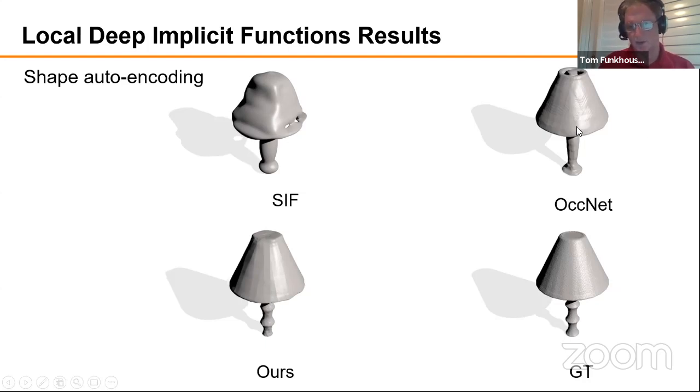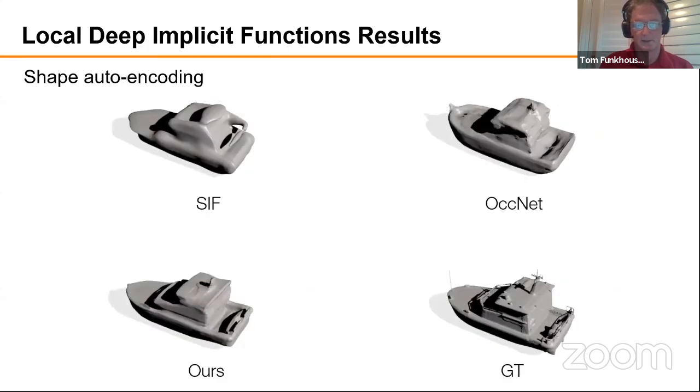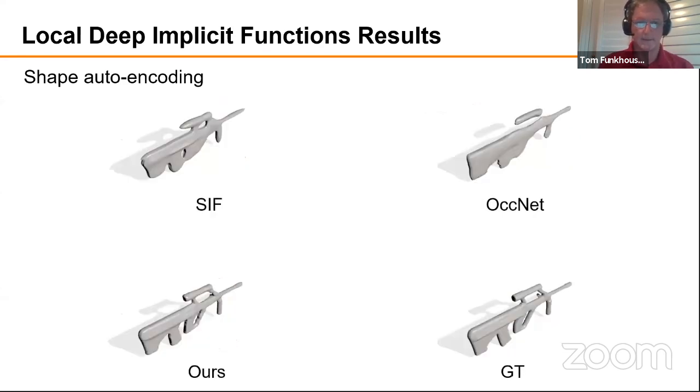Occupancy network is a good baseline to compare to, and this shows one example. Here's another example. This is an autoencoding where the input is a three-dimensional point cloud and the output is these local implicit functions. Here's another example. Ours is just better able to get the local details of many of these shapes.